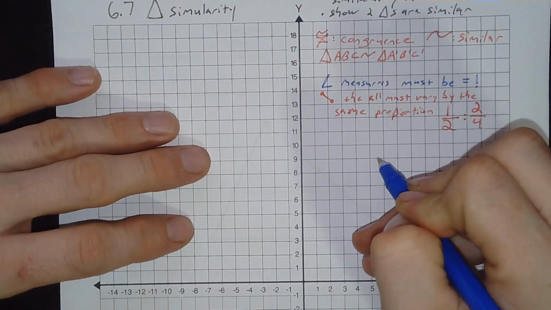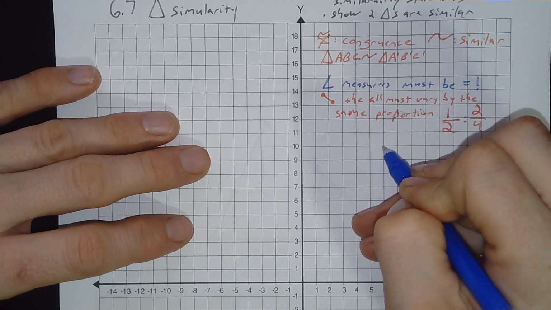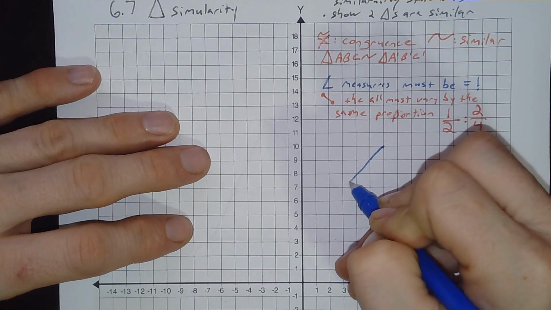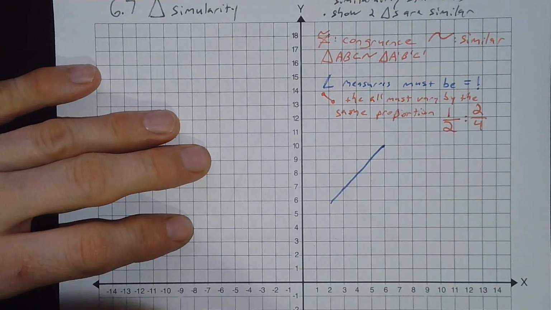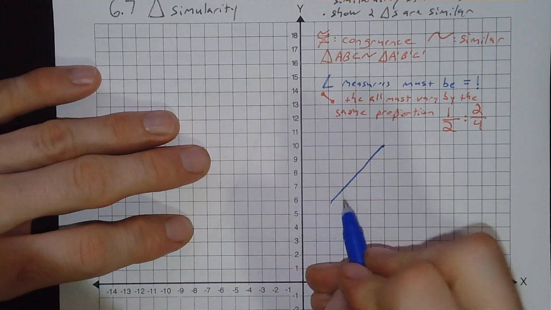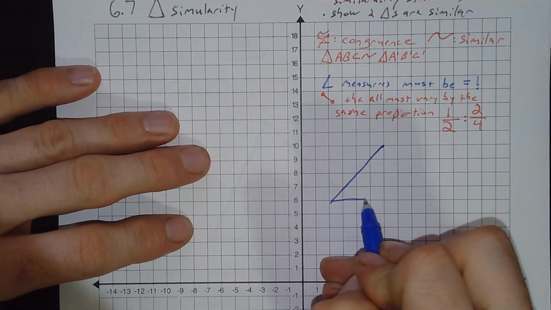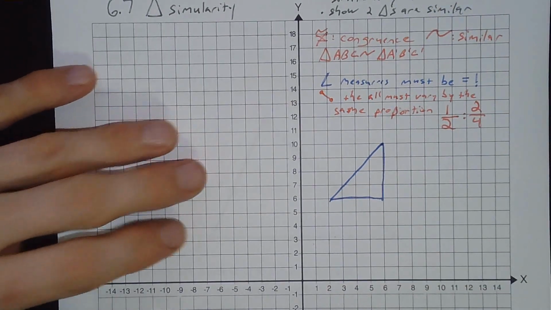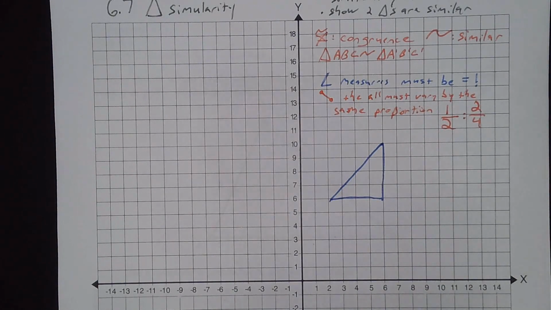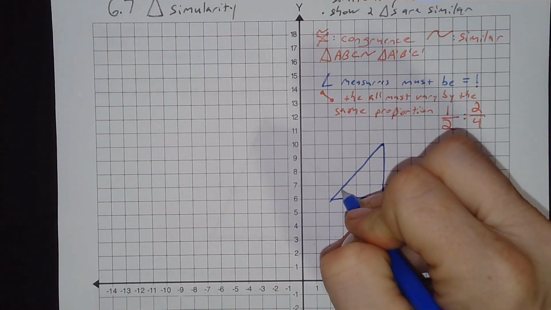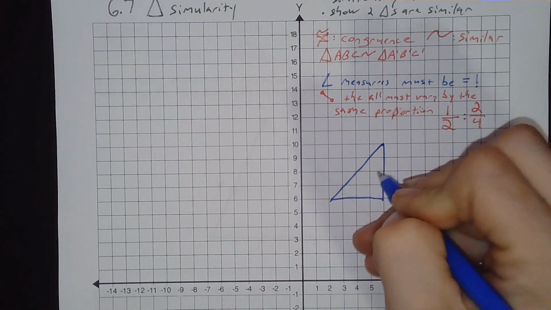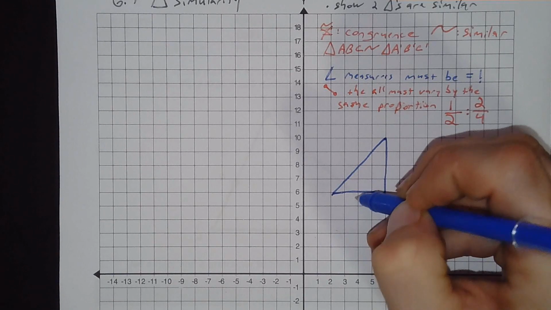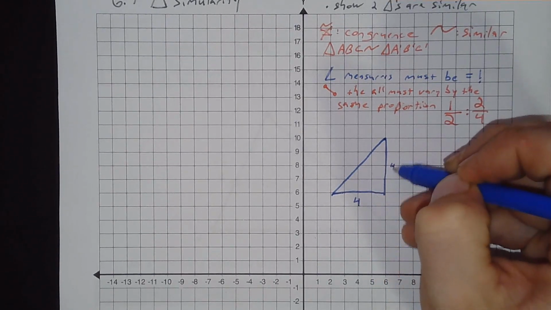We go 1, 2, 3, 4. It's 4 blocks over, and we'll make a very basic right triangle. This is 4 over, and this is 4 up.